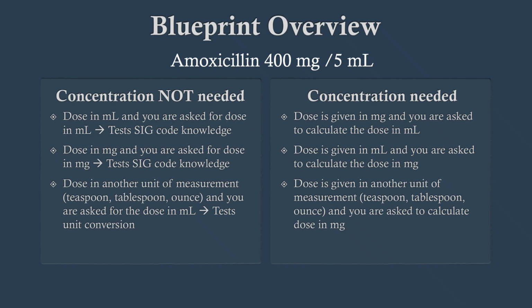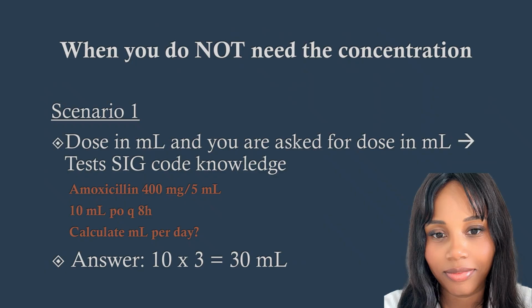Now, let's apply what we just learned. Okay, so when you do not need the concentration at all to solve the problem. The first scenario that we talked about is when the dose is given in ml and you are asked to calculate the daily dose in ml. So let's look at the example.